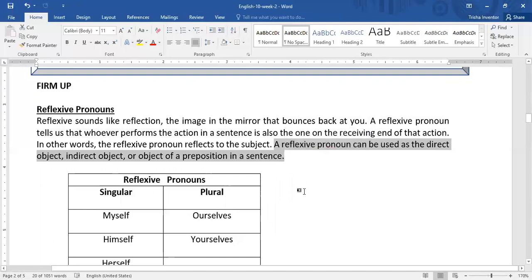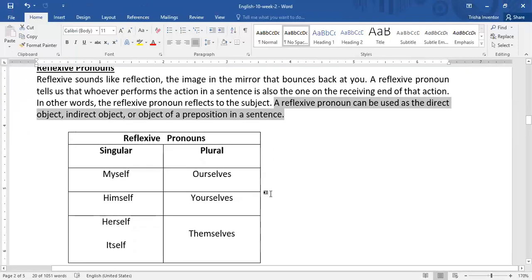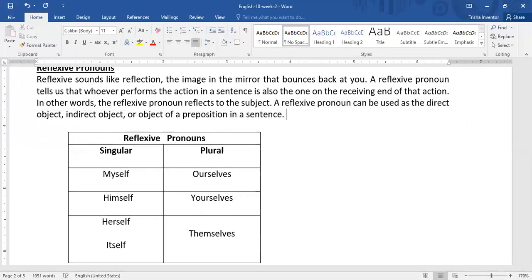So here, your reflexive pronoun is somewhat like your reflection when you look at the mirror, because a reflexive pronoun can be used as a direct object, indirect object, or object of a preposition in a sentence. Now, as you all know, direct object, indirect object, object of the preposition relates to the subject in a sentence. So therefore, a reflexive pronoun reflects back to the subject.